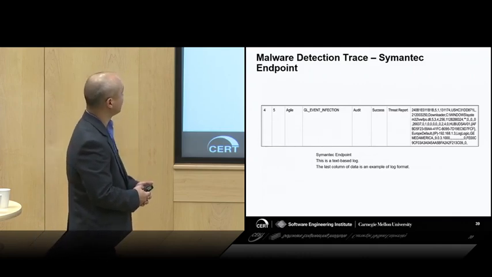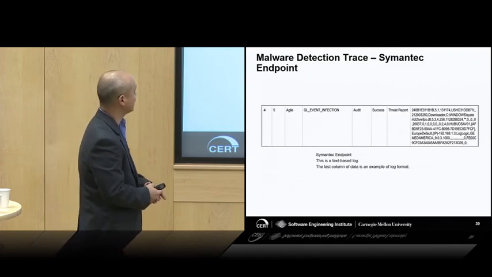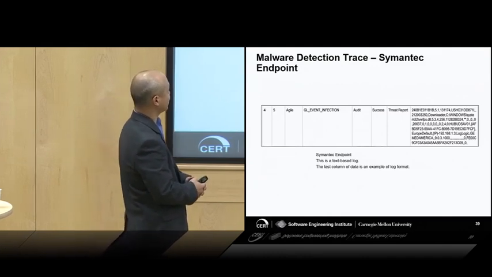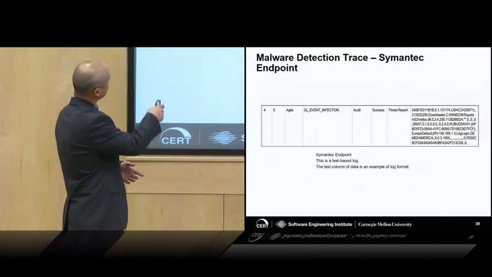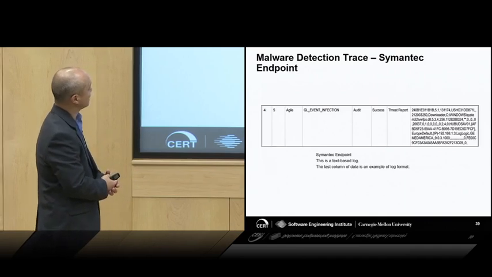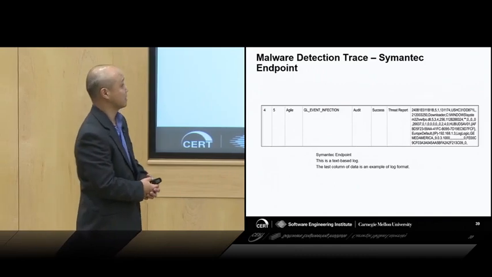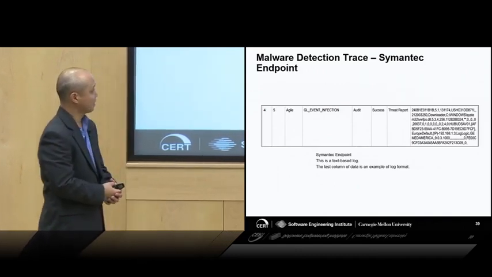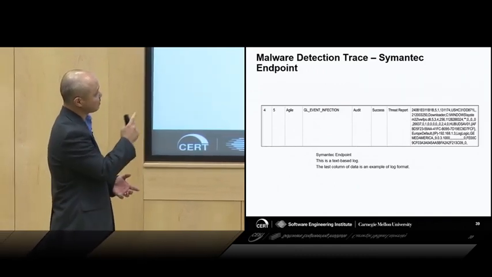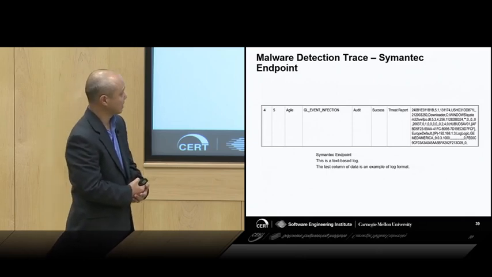Okay. And here's a text-based log entry from Symantec Endpoint. It tells you some of the information on what it is: event infection, audit, success, so it was successful, and it's part of the threat report. And they put some of the information on the right there.